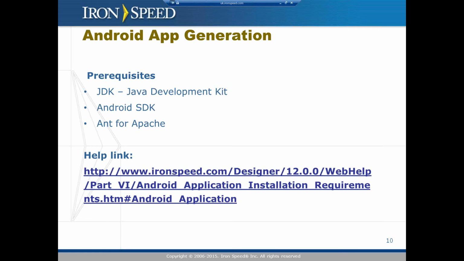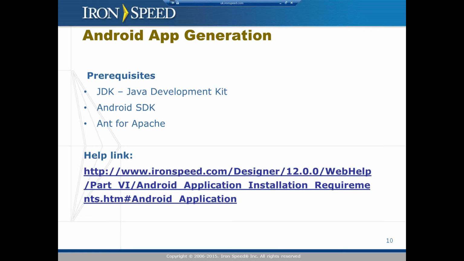Now that we have generated the web application and have deployed the generated web application to the web server, we also have the URL ready, which needs to be used while you're generating the Android and the iOS application.